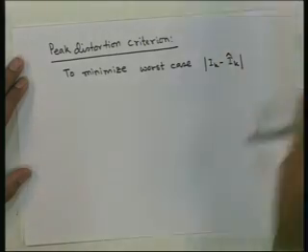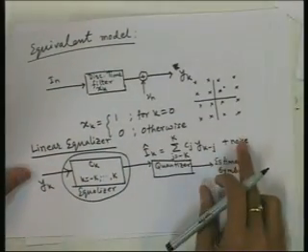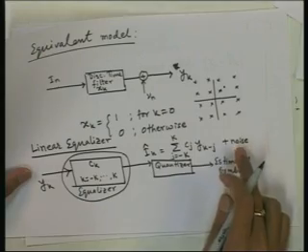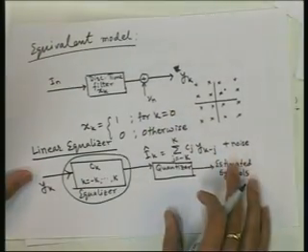So, we will not consider the noise part, because noise is random. We will not bring that in this criterion.